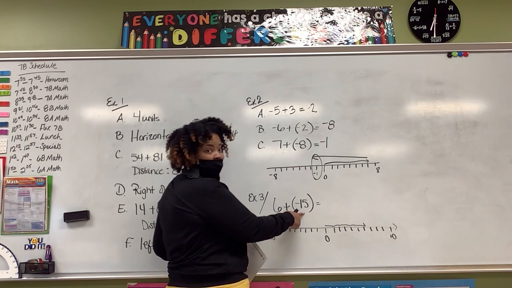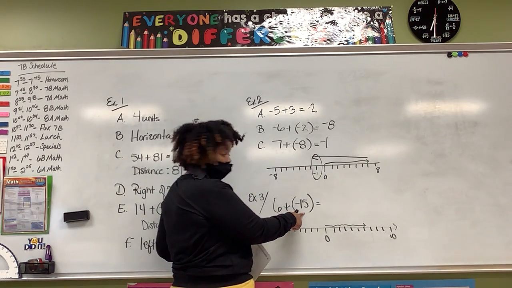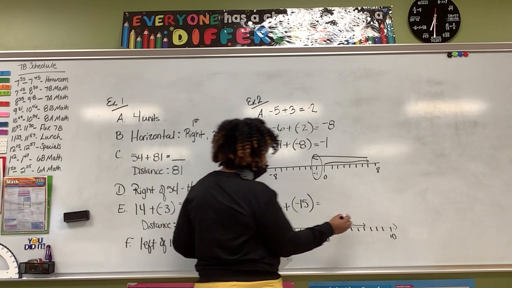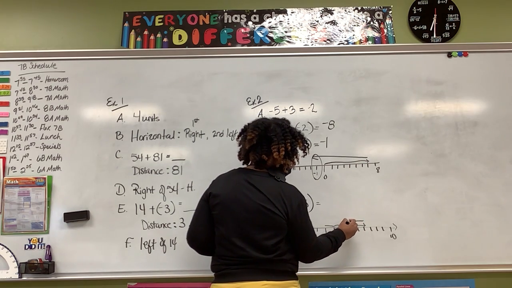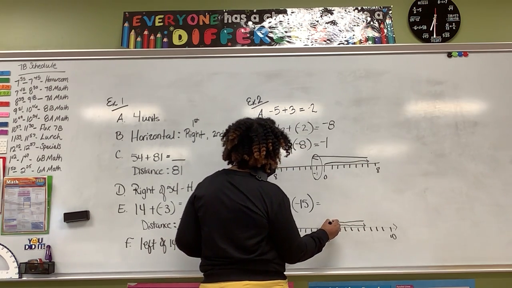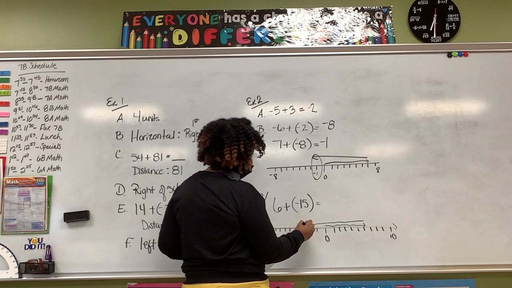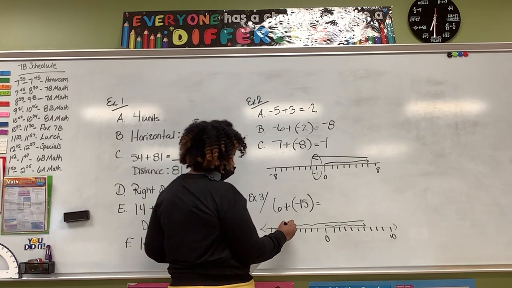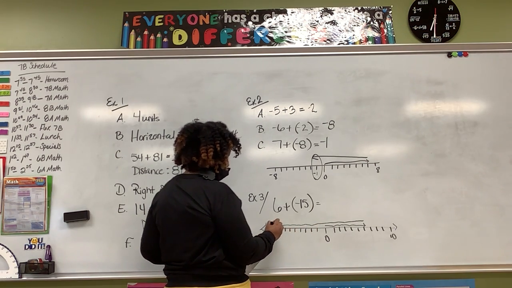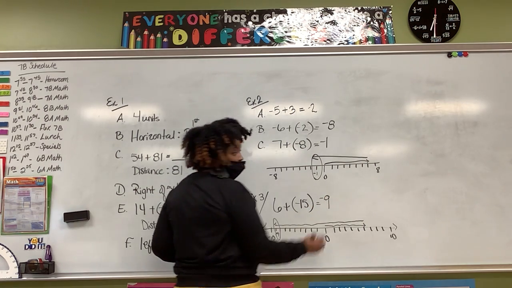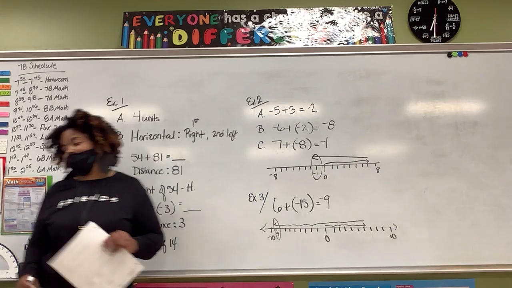I'm done. Then it says move back. That negative means to move back 15 spots. So I'm going to say 1, 2, 3, up to 15. And I end up right here at the negative 9. So my answer is negative 9. Any questions?